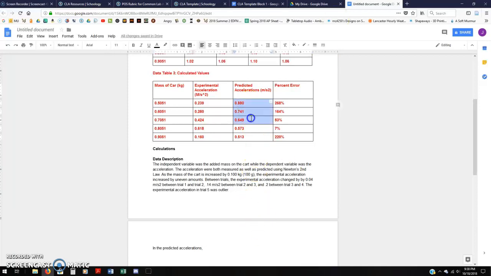And here we see this is different. It's dropping. The accelerations drop as the mass is increased. Once again, let's look between the trials here. Between trial 1 and 2, the acceleration changed by, and this time it looks like it dropped by 0.14.